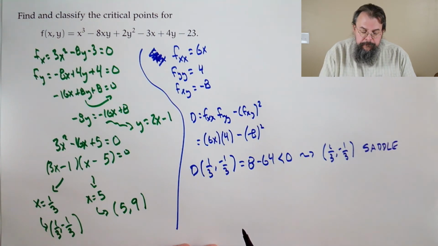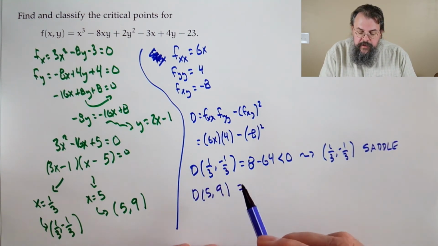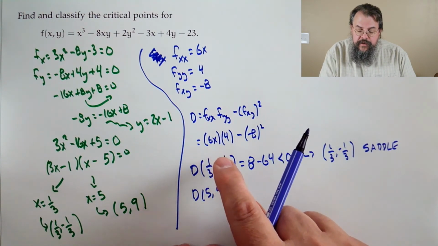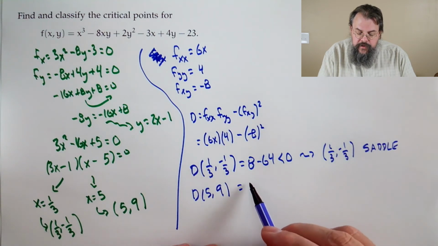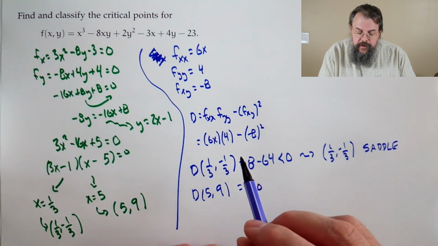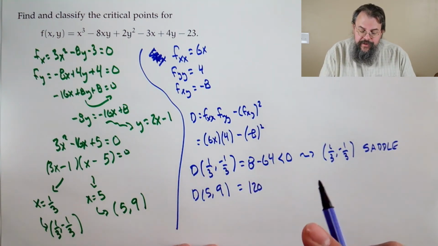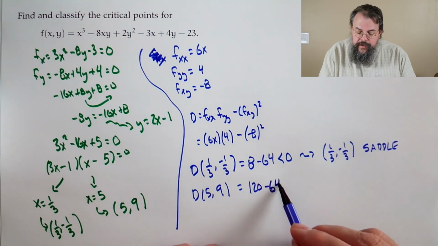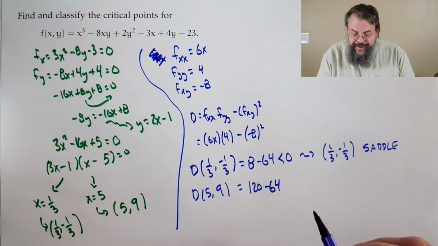How about (5, 9)? Well, 6 times 5 is 30. 30 times 4 is 120. That's a lot bigger. 120 subtract 64 is a positive number.